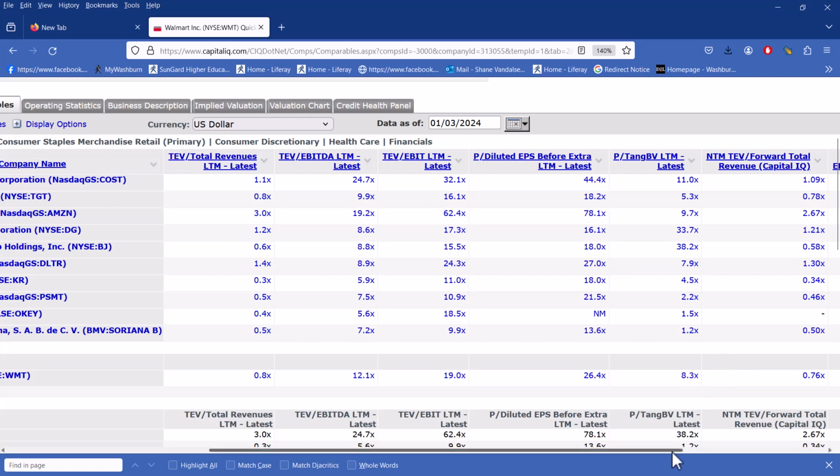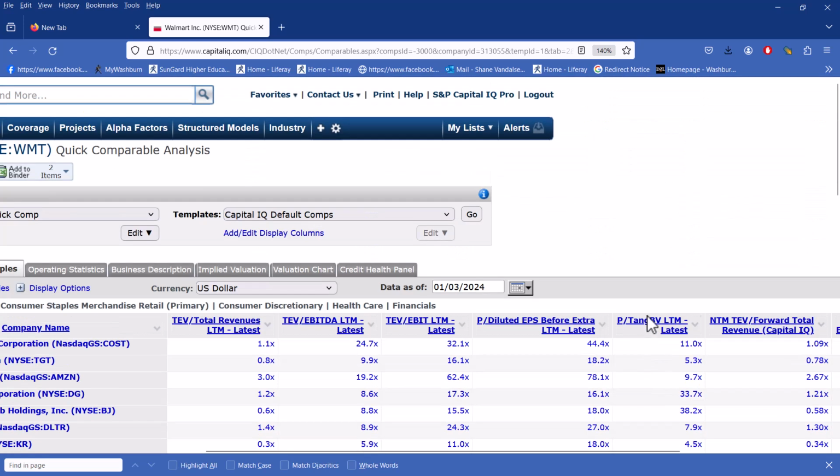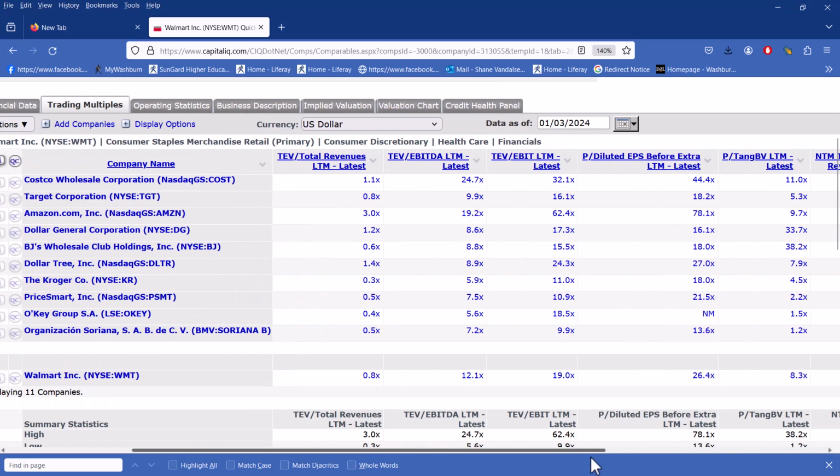We compare it to other firms. Walmart's actually doing pretty well. The median for the comparable firms here is 6.6. Costco has a higher price to book value ratio of 11. Dollar General and BJ's Wholesale Club have much higher price to book value ratios than Walmart does.